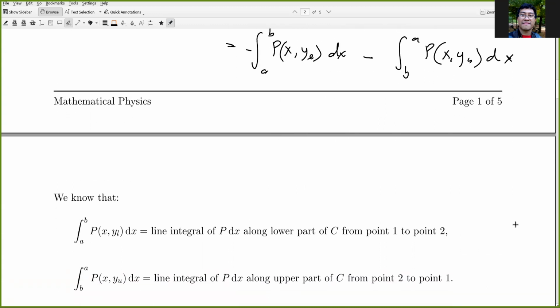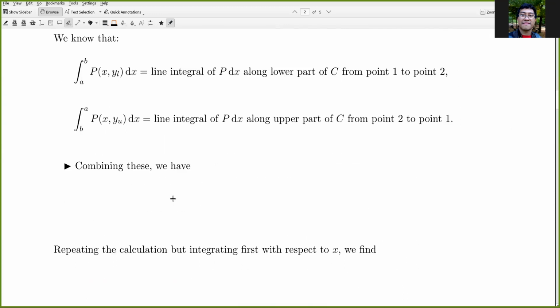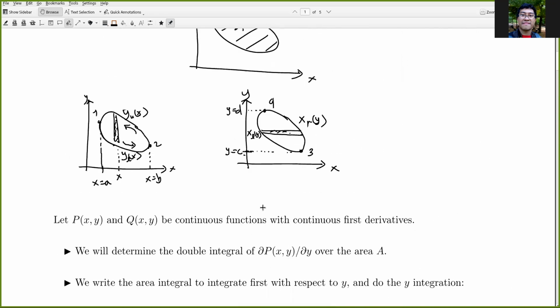Now we know that p(x, yl), yl is the curve, where if you're evaluating that, that is the line integral of p dx along the lower part. And this other one is the line integral of p dx along the upper part from point 2 to point 1.